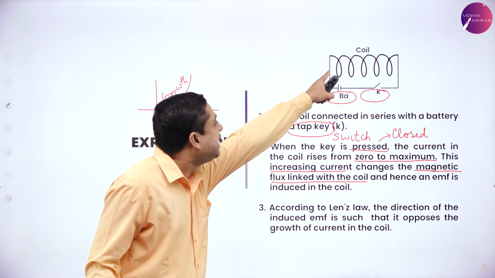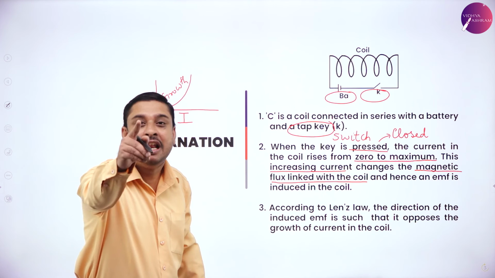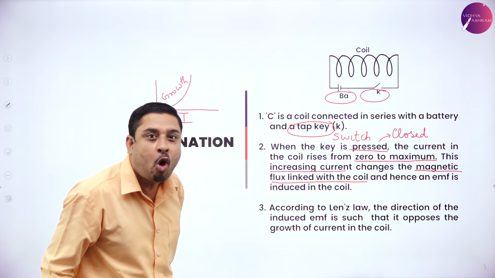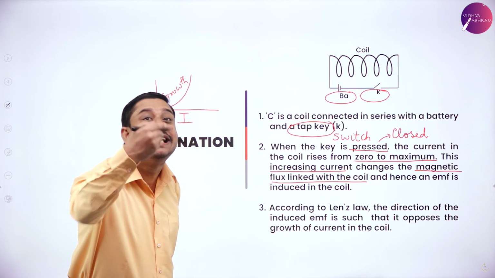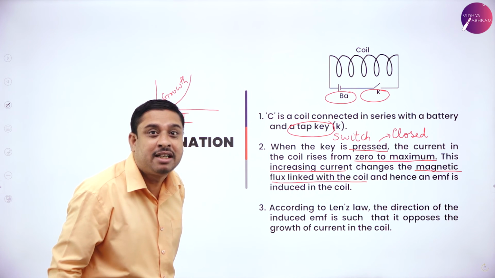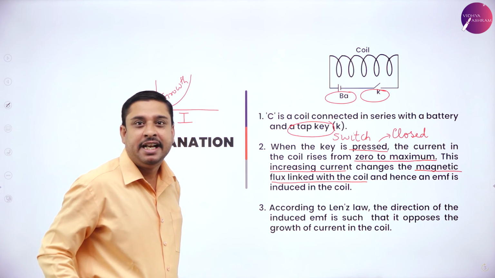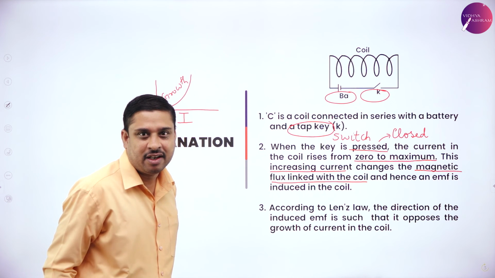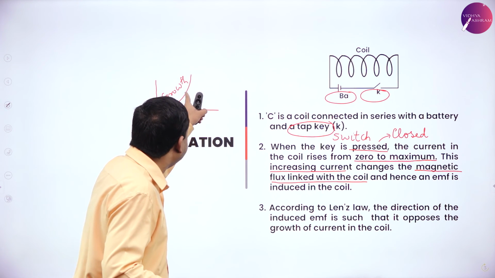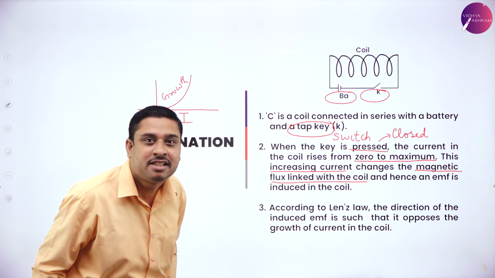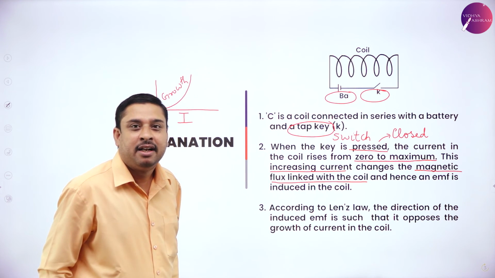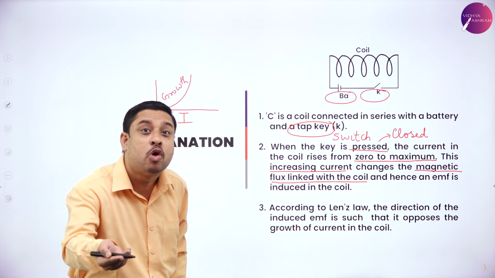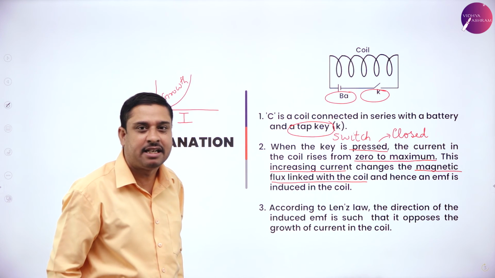Now, what is the direction of the induced EMF? Lenz's law. The induced EMF should oppose the cause that has induced it. Isn't it? You said Lenz's law. Direction of the induced EMF is opposite to its cause. So which was the cause here? Increasing current, growth of current. So the direction of induced EMF is opposite to the growth of current.